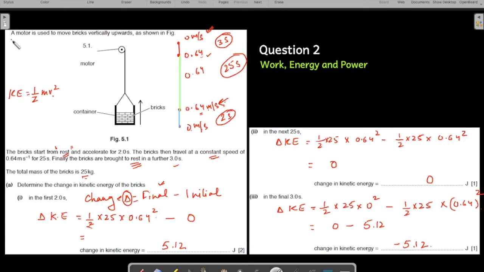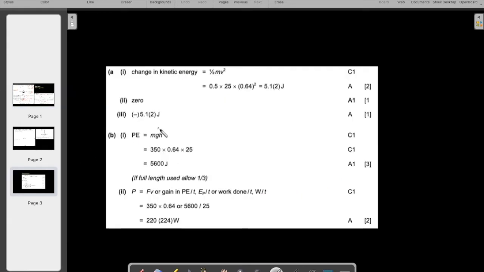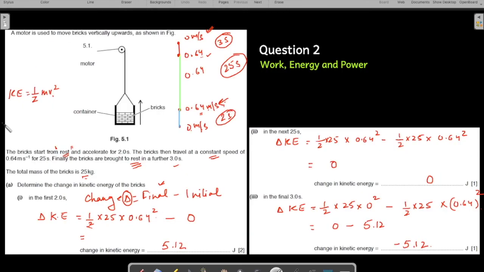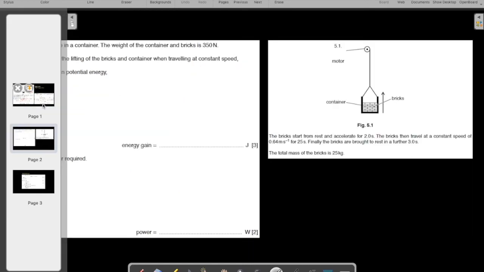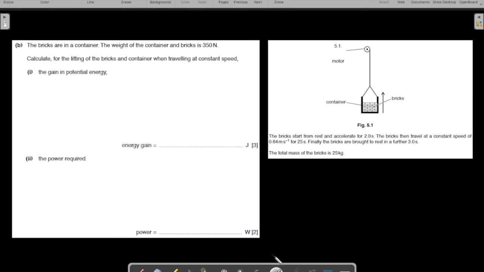Even if you make some mistakes in the subtraction for finding the change, initial minus final, the examiner will not be so strict here in marking your answer. Both answers are accepted, negative and positive. Alright, so this is done. Here I'll show you the working again. Easy question it was, right? Based on the formula. Let us move on to the next part.